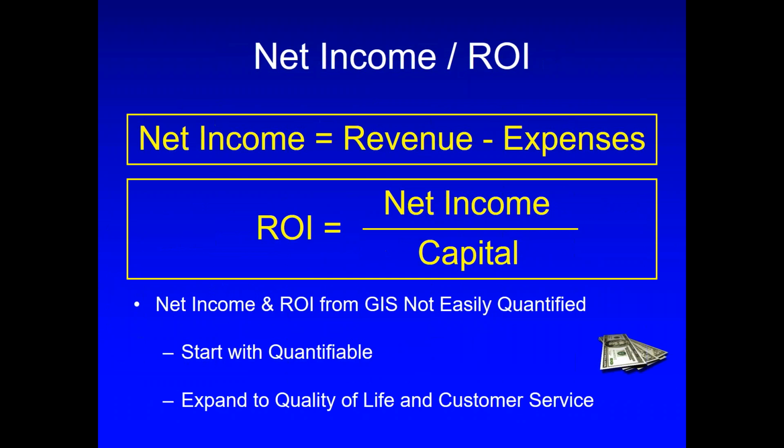So here's another business equation. This is a really high pass look at it. A business or an organization is going to compute its net income by taking the revenue that is taken in and deducting expenses.